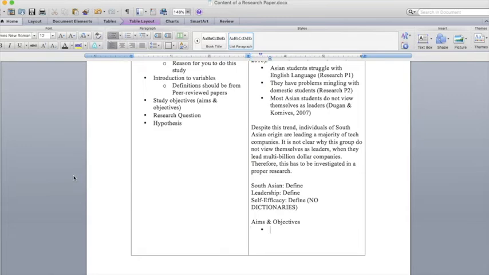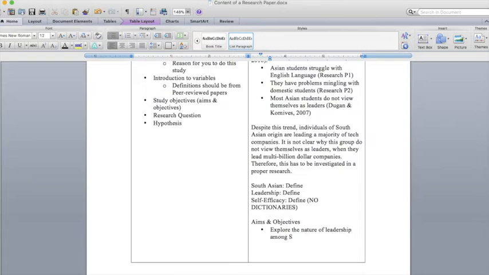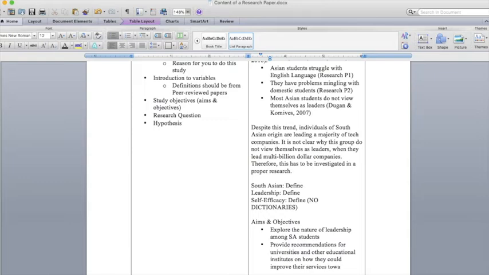I personally did this because I wanted to investigate or explore the nature of leadership among South Asian students, and I also wanted to provide recommendations for universities and other educational institutes on how they could improve their services towards international students.